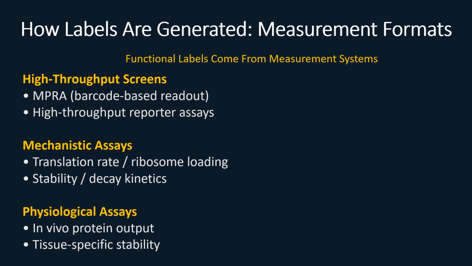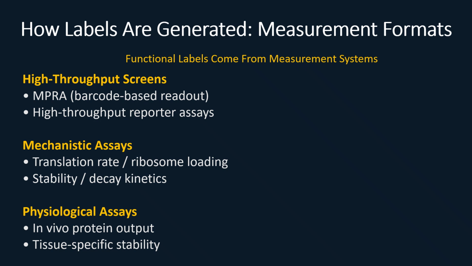So here let's see how labels are generated. We already learned that models don't really observe biology directly. They learn from our measurements, and different measurement systems capture different aspects of function.